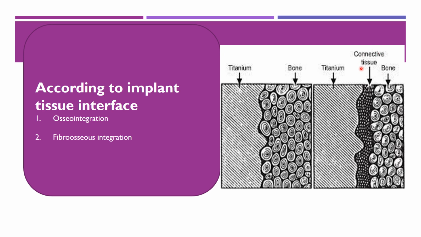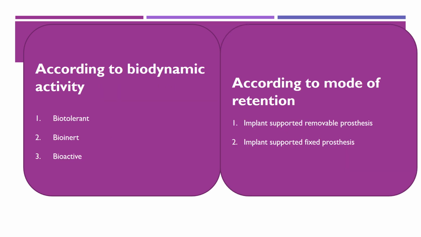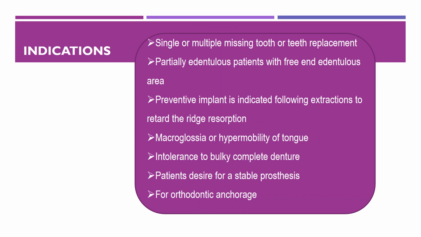Usually, if this fibro-osseous integration happens, it may lead to implant failure. According to the biodynamic activity, we have biotolerant, bioinert, and bioactive types. According to the mode of retention, implant supported removable prostheses and implant supported fixed prostheses.